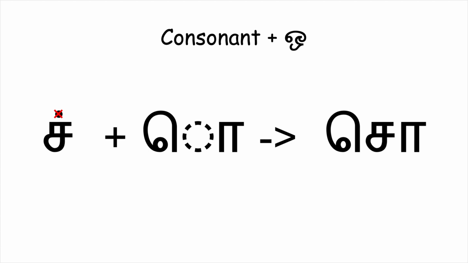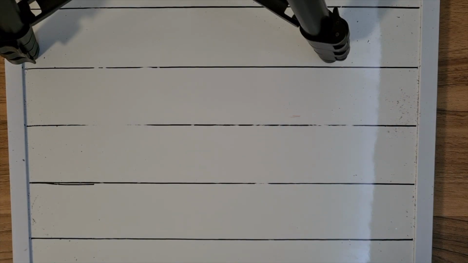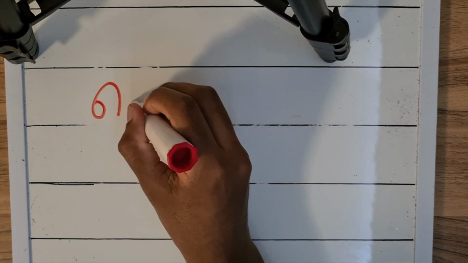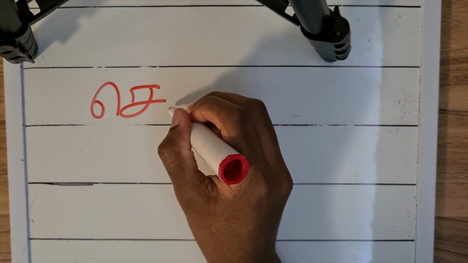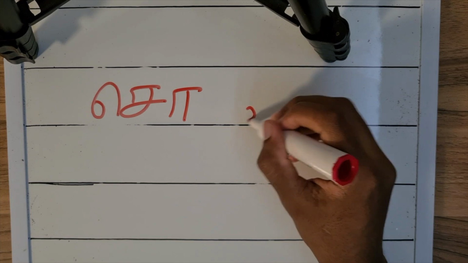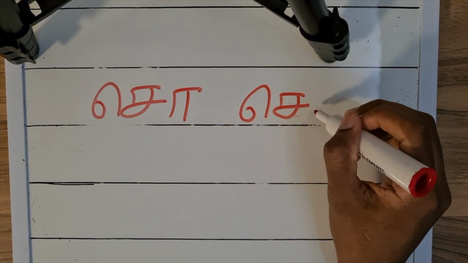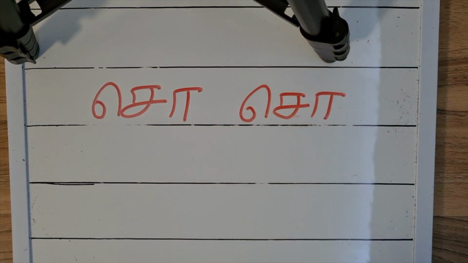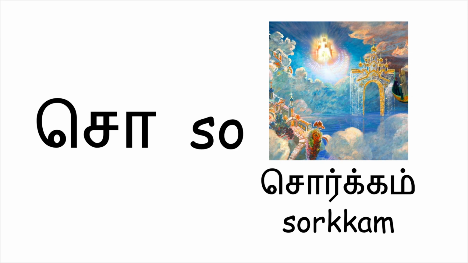Let me show you how to write so. An example word that starts with so is sorkam, which means heaven.